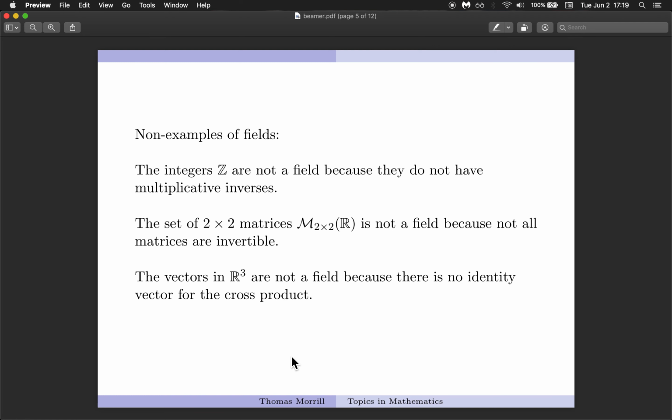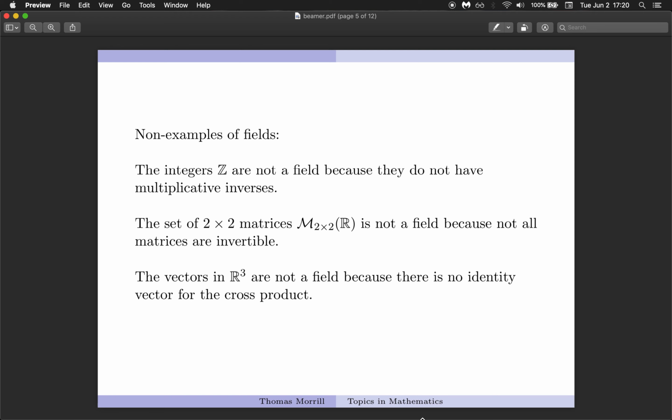My final non-example is going to be a vector space. So R3, you can think of three-dimensional Cartesian space in X, Y, and Z. You can think of that as a space of vectors. Take your pick. So working in three-dimensional space, we have regular vector addition, where you take two vectors, line them up tail to tip, and that gives you coordinates for a new vector. And there is a zero vector whose coordinates are all zeros.